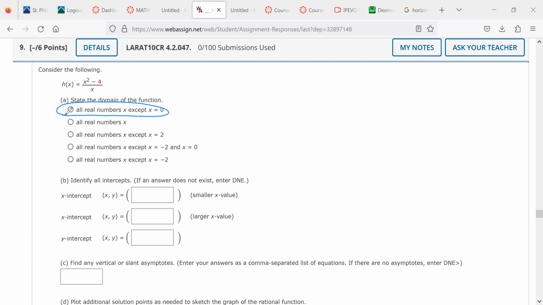Y-intercept, plug in 0 for the x. These would be gone, right? But I can't have division by 0, can I? So there is none. There is no y-intercept.